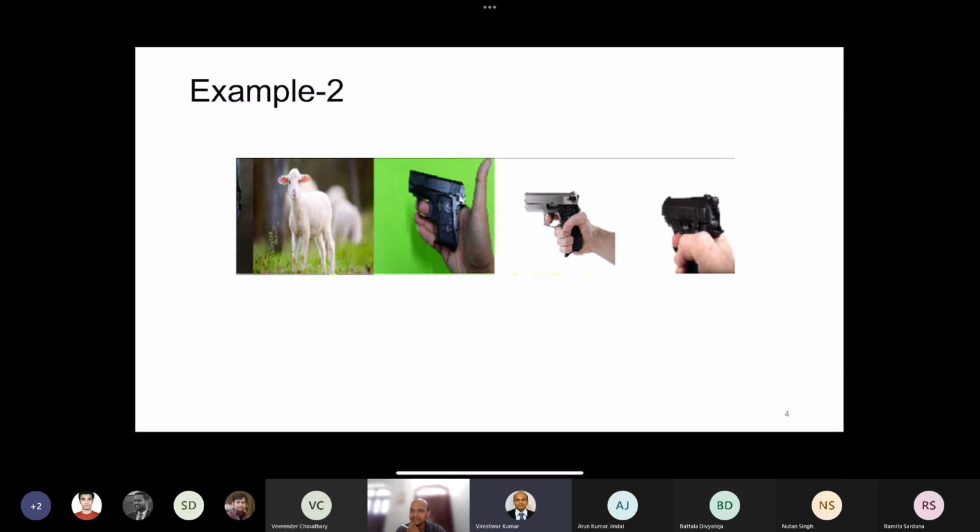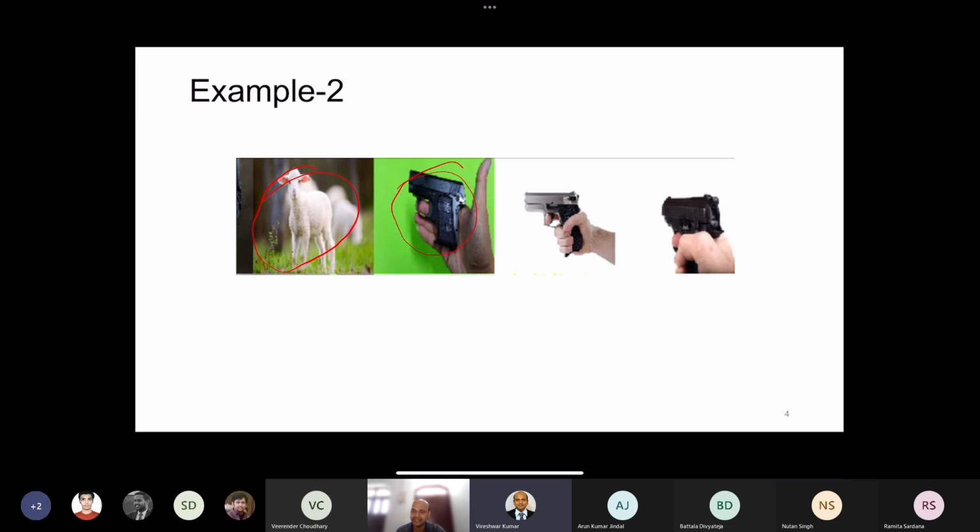Let's say the machine learning algorithm this time is given a task to identify whether somebody is holding a gun or not. If we see the image of a sheep and the image of a gun, other than the color, if you just look into the structure of these two things, they might look a little similar.